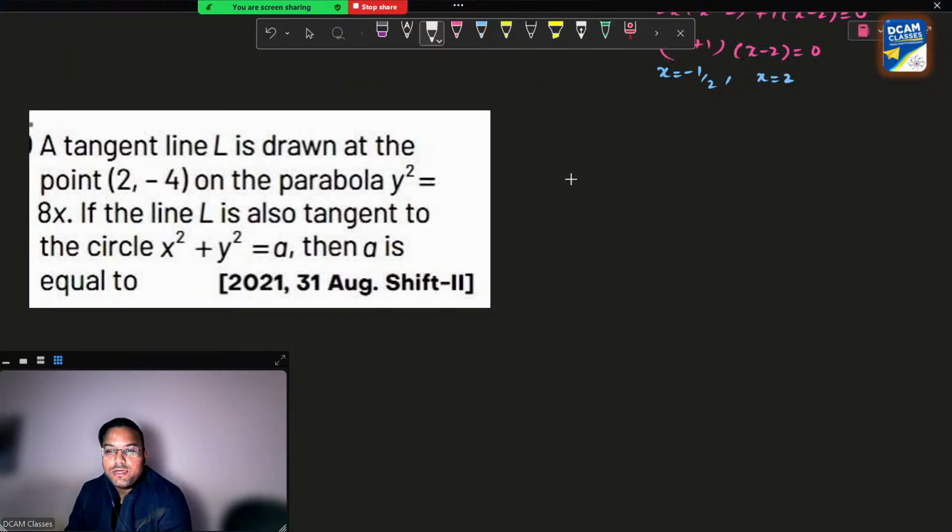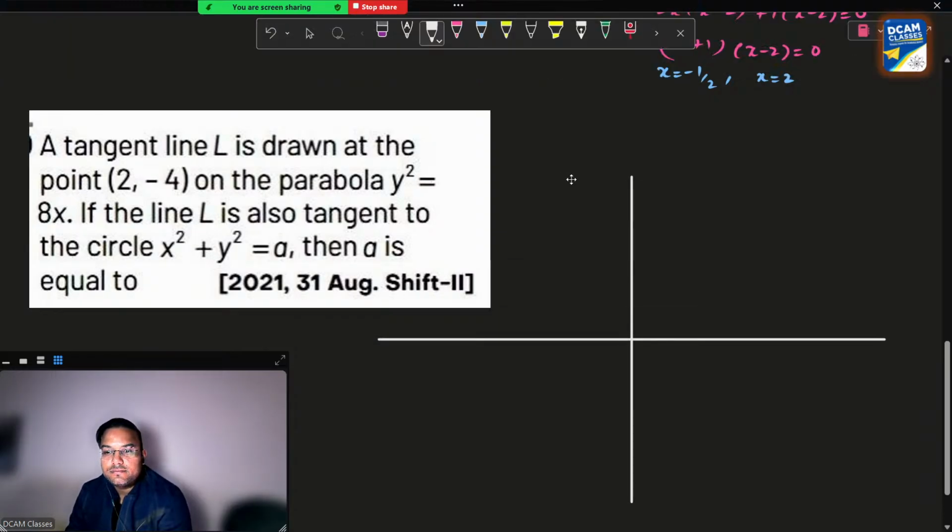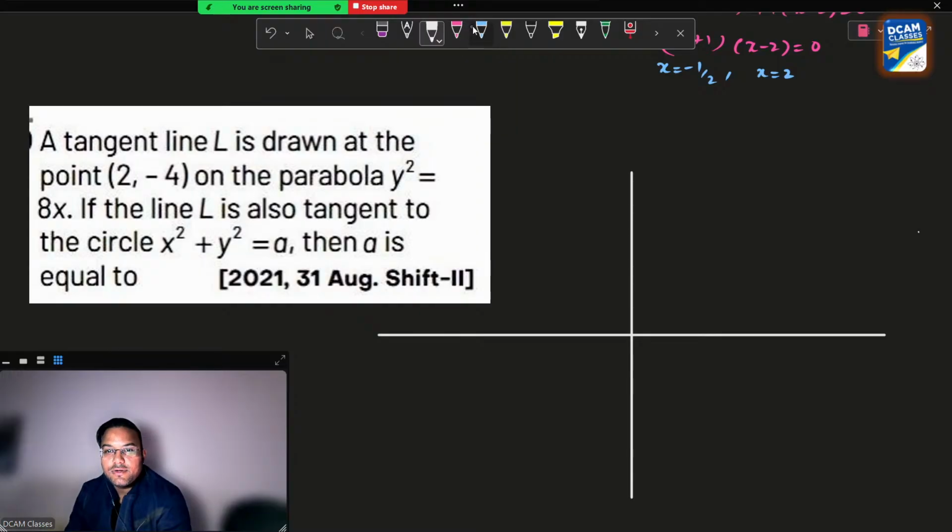What about you, Haripriya? Sir, I'm solving, but I don't know where I'm going. Let me show you. Let me draw the diagram and then give you the hint how you will solve it. If then also you are not able to, I'll show you how to solve.